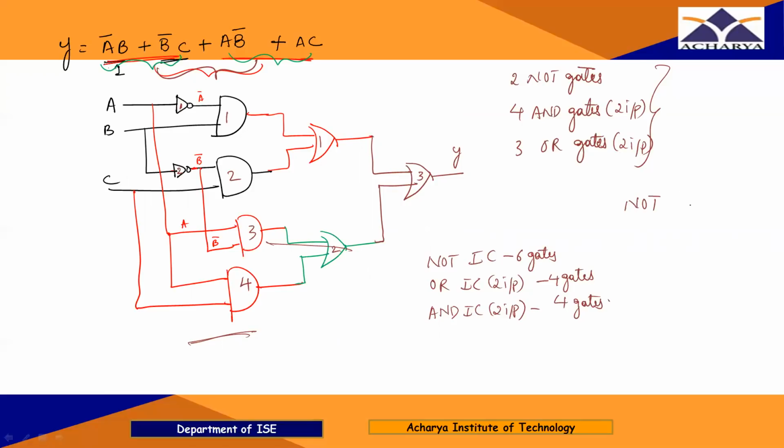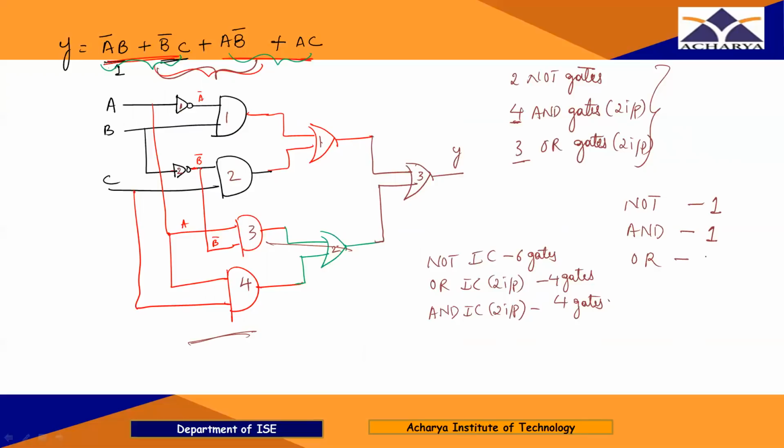Now how many NOT ICs do I have to take? I have to take 1 NOT gate IC. And AND gate IC, how many? See here I have only 4 AND gates. In one IC there will be 4 gates, so I have to take only 1. And for OR gates, see here I need 3 OR gates to rig up this circuit, but in one IC there will be 4 OR gates.